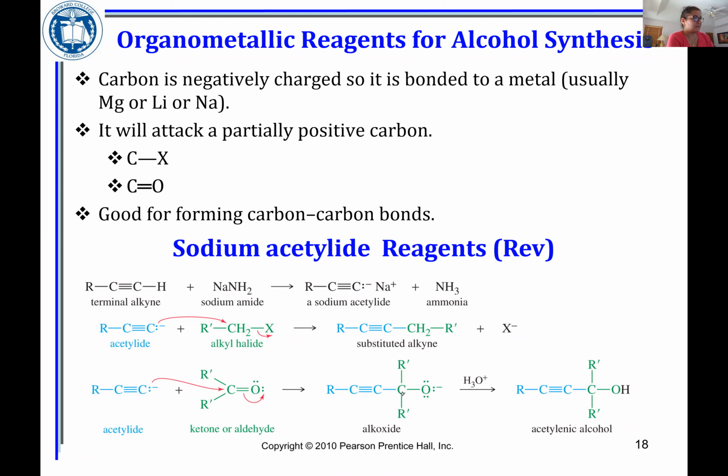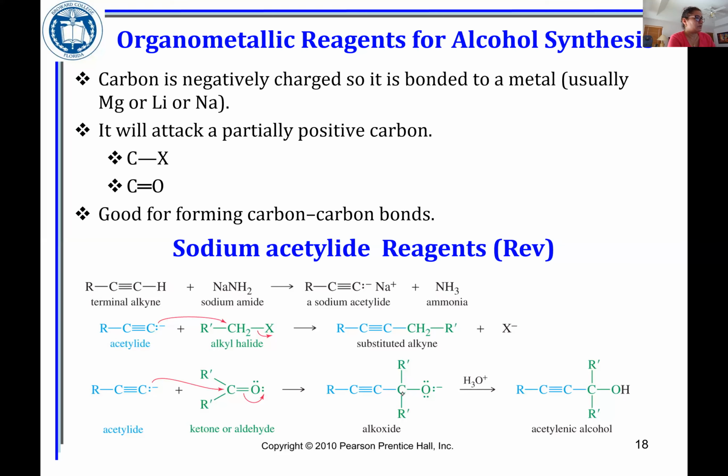And what makes it unique is the fact that when you add the metal to carbon, metal would take positive charge, and carbon, as a result, would take negative charge.